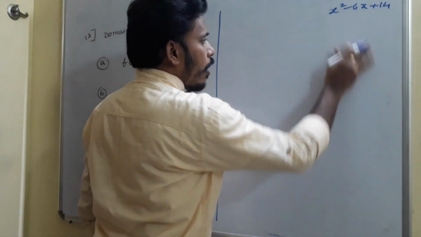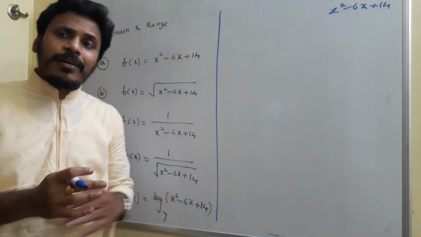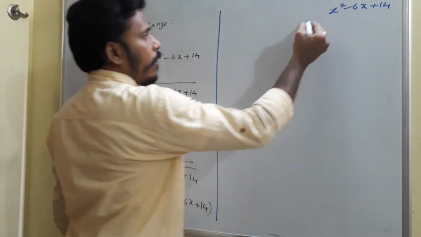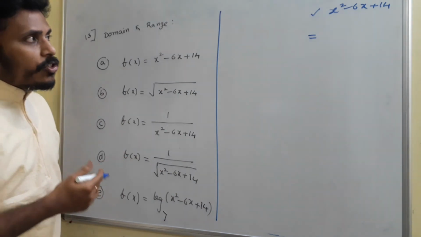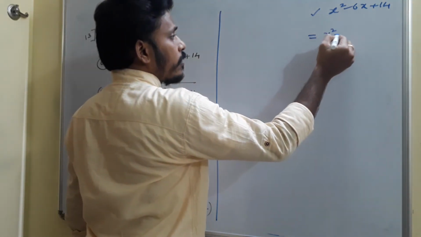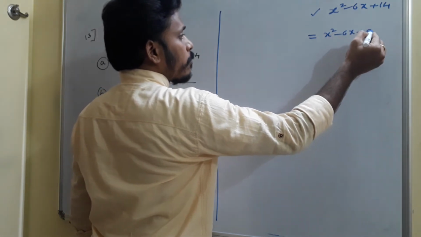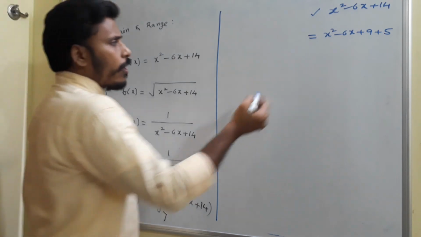I think you already learnt about quadratics in your previous classes. You need to analyze something about that quadratic first. x square minus 6x plus 14. You have a chance to rewrite it like this: x square minus 6x plus 9 plus 5. Is there anything wrong? Why did I write it like that?